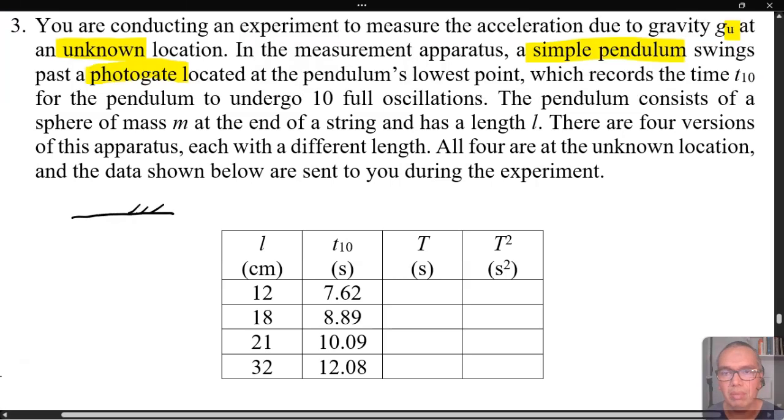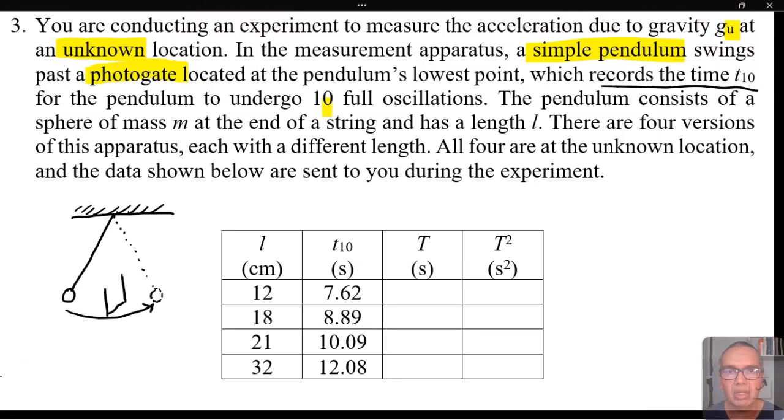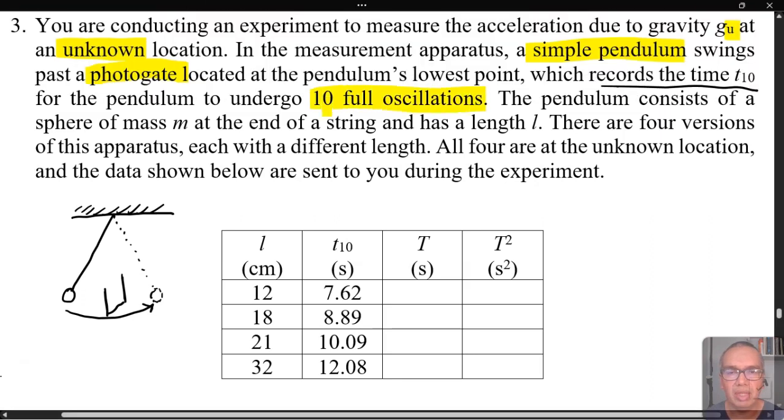You have the pendulum hanging somehow, and then they pull the pendulum to the side, they release it, and of course the pendulum is going to swing back and forth like this, and then at the lowest point, which is basically the middle of the trajectory, they locate a photogate, and that photogate is going to be able to measure the time t10 for the pendulum to undergo 10 full oscillations.